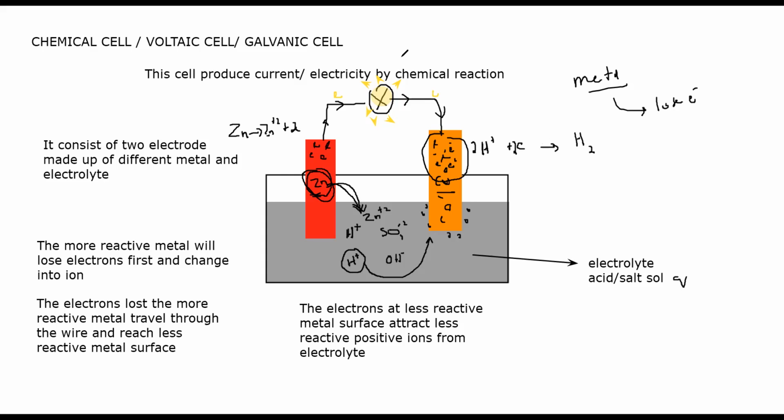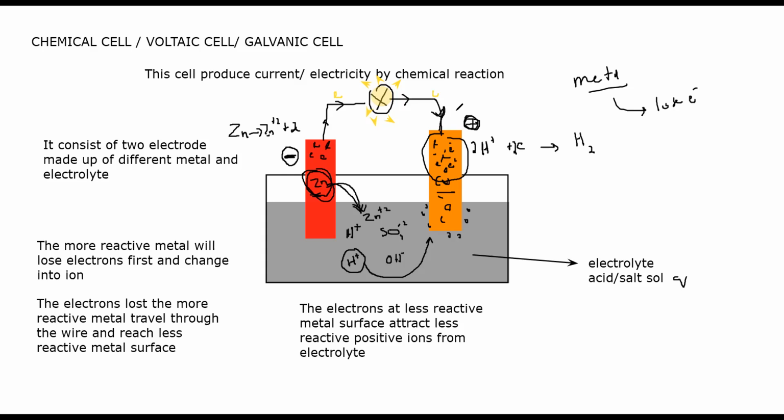The less reactive here, this is anode and cathode is there, but we don't specify. The more reactive is called a negative plate. Why do we call it a negative plate? Because in the beginning there are more electrons. An electron travels, so as the electrons are moving towards the less reactive plate, the less reactive plate is known as the positive plate.